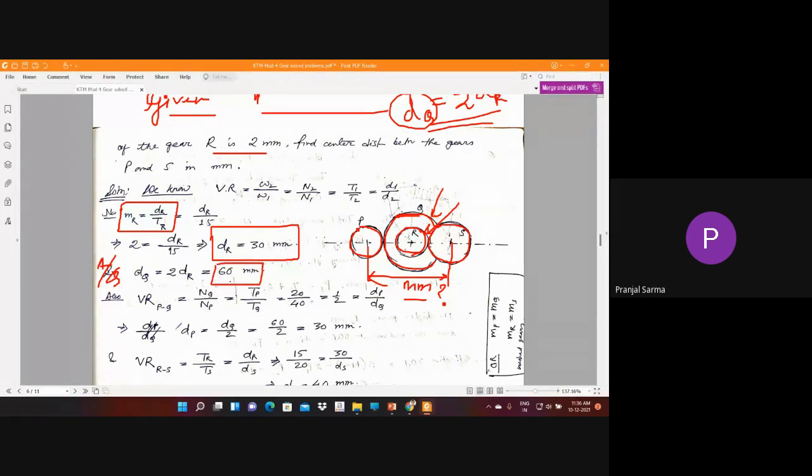Now, if we think of the velocity ratio, first P and Q are in mesh.